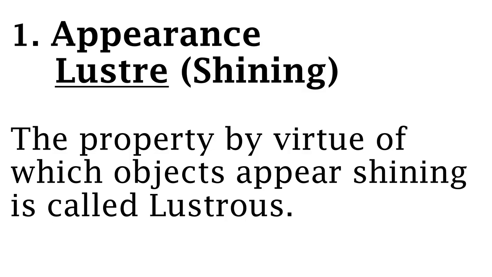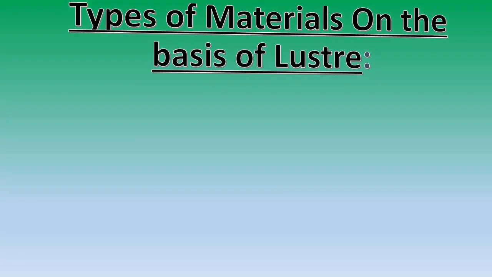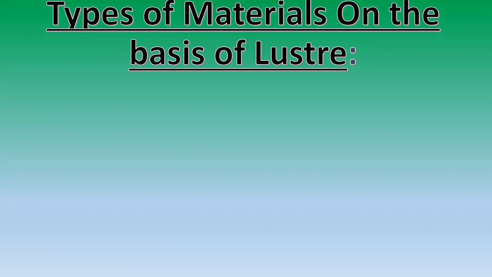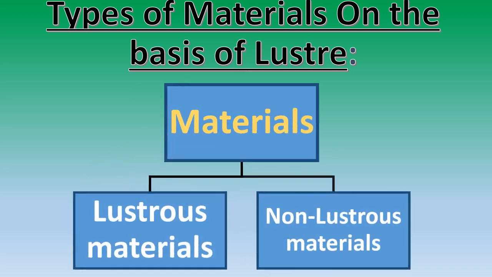Students, it means the property which makes the object shine is called lustrous. We have divided the objects on the basis of lustre into two categories: lustrous materials and non-lustrous materials.